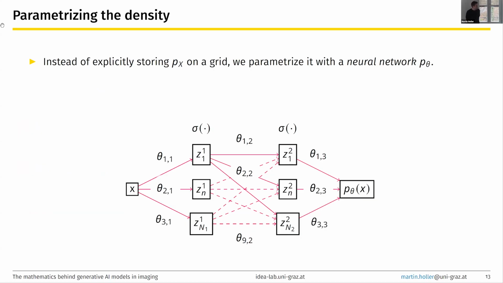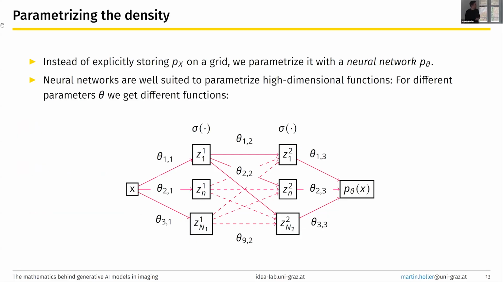Neural networks are just a generic class of functions that allow you to parameterize functions. They are particularly well suited to parameterize high-dimensional functions. So a neural network depends on some weights, in this case called theta here.